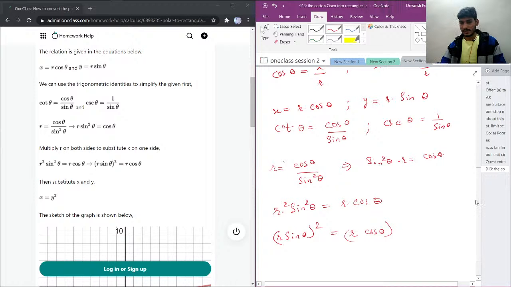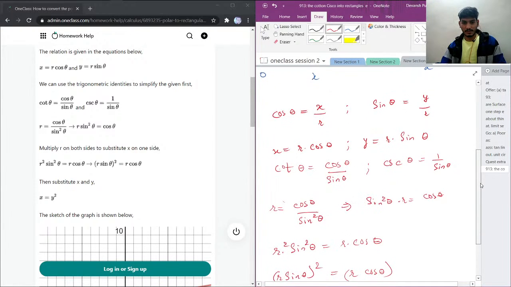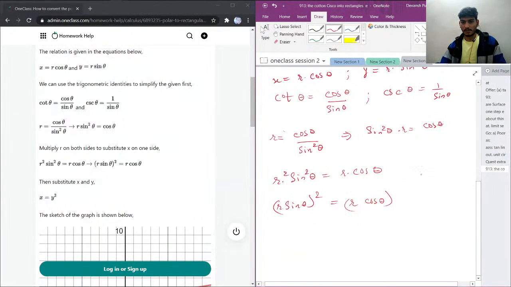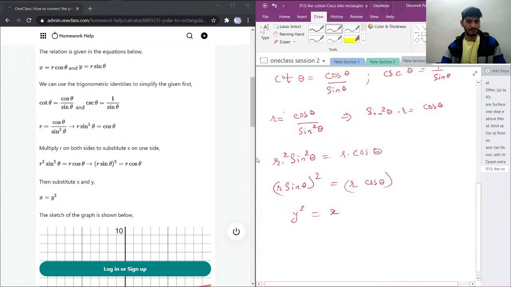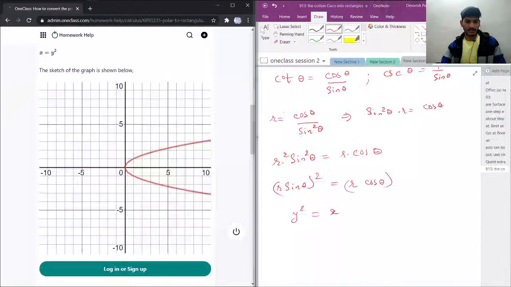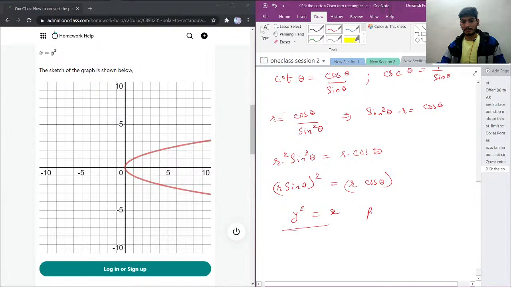And r sine theta was y, and r cos theta was x. So y squared equals x, and this is the equation of a parabola.